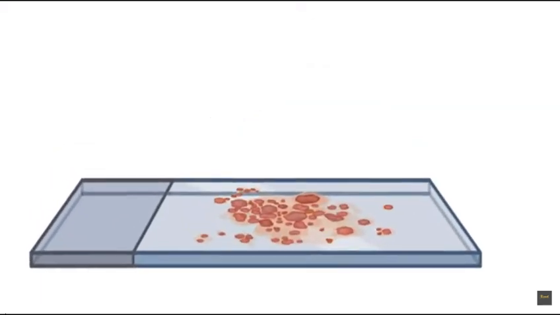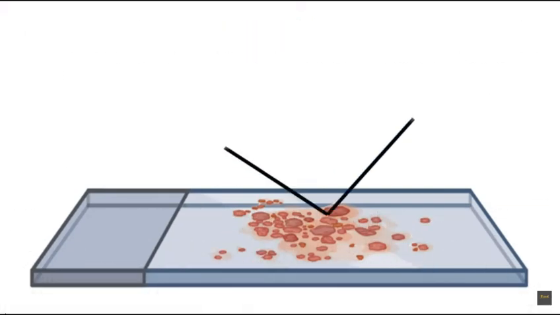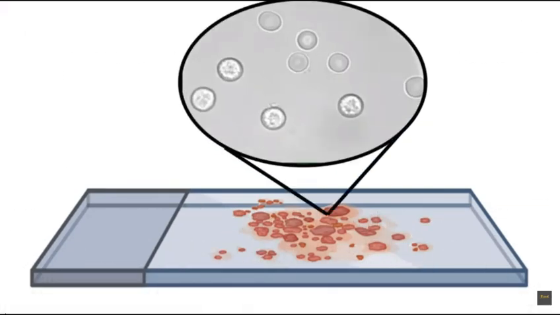The fifth step is releasing the chromosomes from their cells. In order to see these compact chromosomes under a microscope, the chromosomes have to be out of the white blood cells. This is done by treating the white blood cells with a salt solution that causes them to burst.